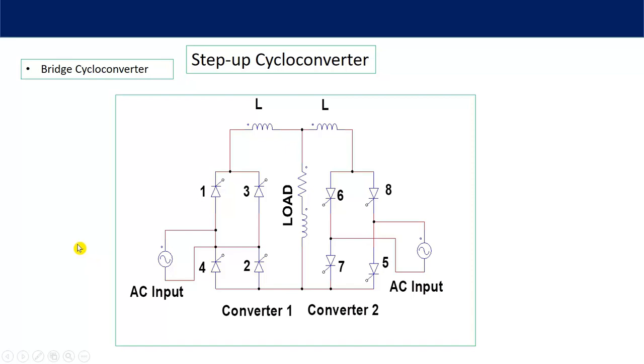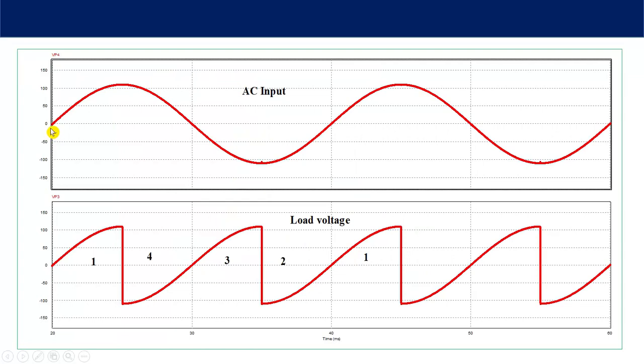So this kind of converters are known as step up cycloconverters. Suppose you want to decrease the output voltage frequency, and from 50 Hz you want 25 Hz output frequency. Then in one complete cycle of input voltage you will get half cycle of output voltage. Then thyristor number 1 will be on for a complete 180 degrees.